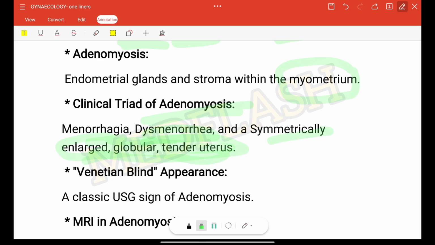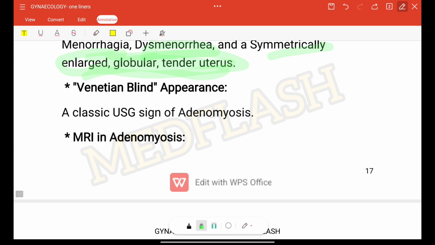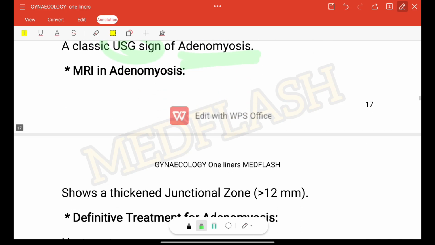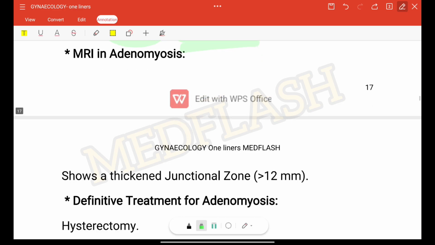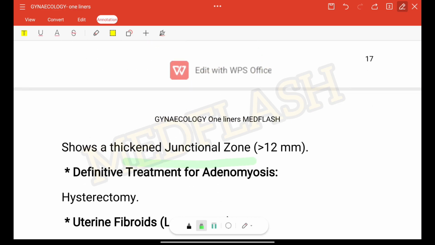Venetian blind appearance is a classic USG sign of adenomyosis. MRI in adenomyosis shows a thickened junctional zone, greater than 12 mm. Definitive treatment for adenomyosis is hysterectomy.